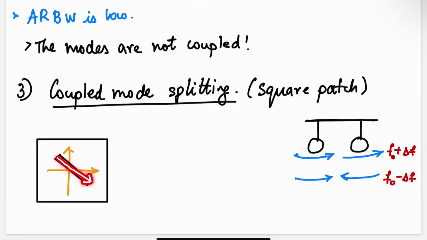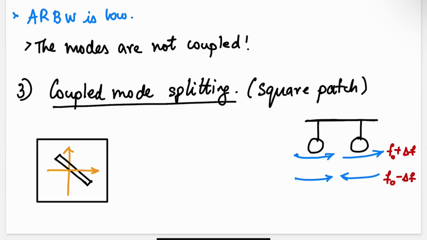If the slot is large and thick, then the coupling strength is higher. For very weak coupling, you don't see this mode splitting behavior, but there is a critical point after which you'll see mode splitting happen. And for very strong coupling, the splitting is larger.